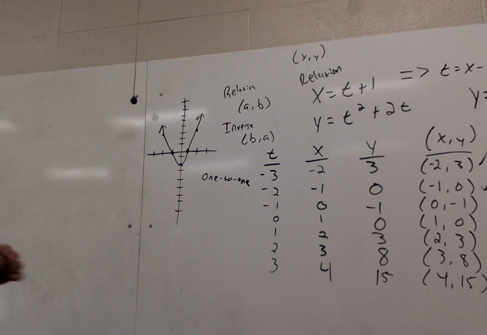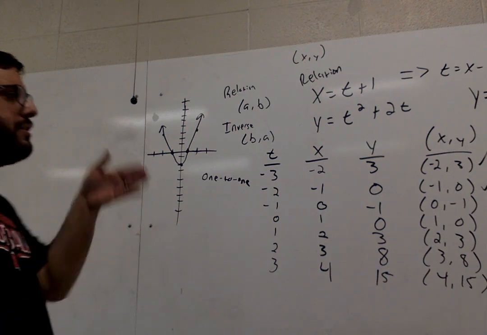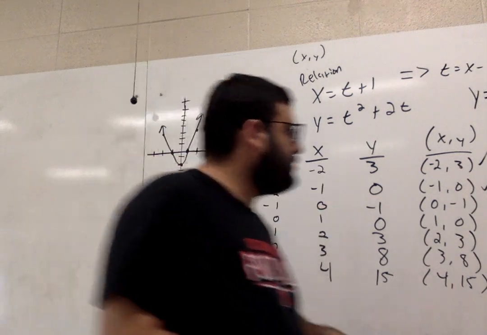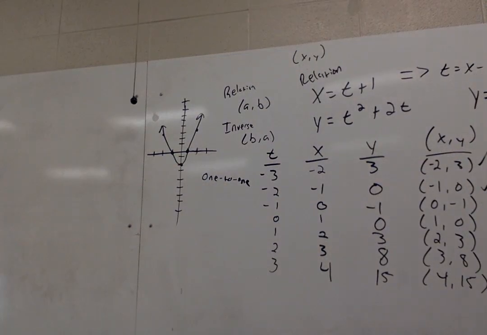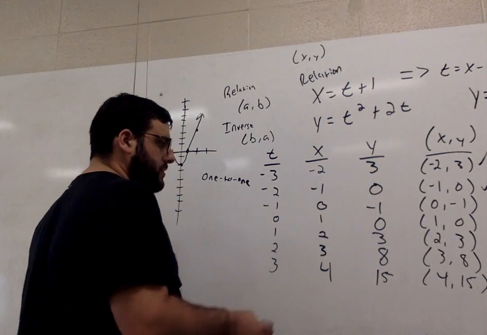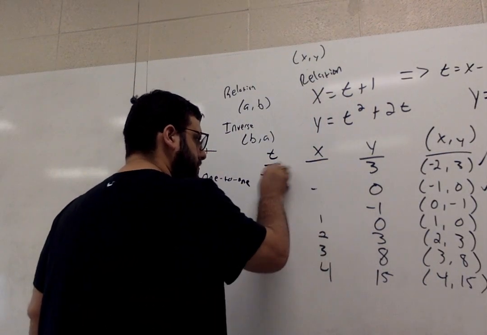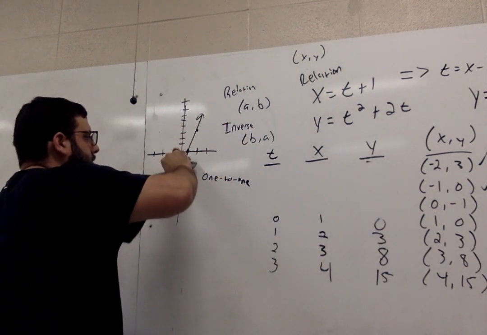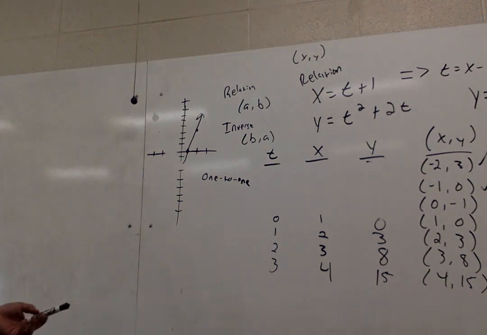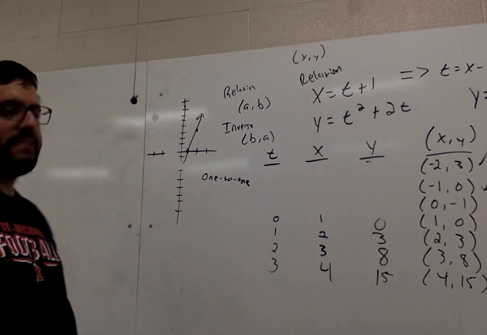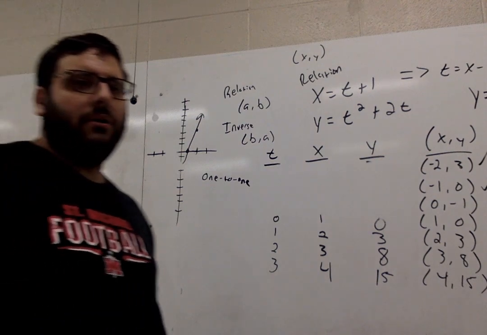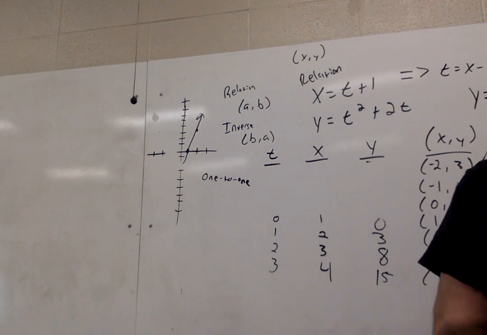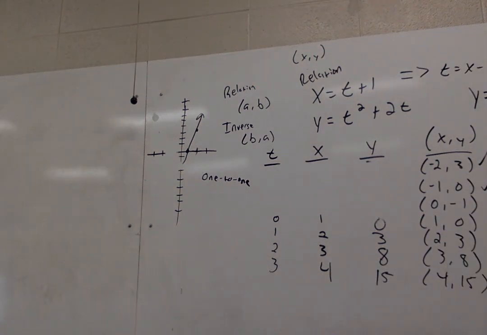A function is one-to-one if every x value has one unique y value. See here, this doesn't cut the mustard here. If I restrict the domain to only positive numbers, starting here, then I end up with something like this that not only passes the vertical line test, but also passes the horizontal line test.